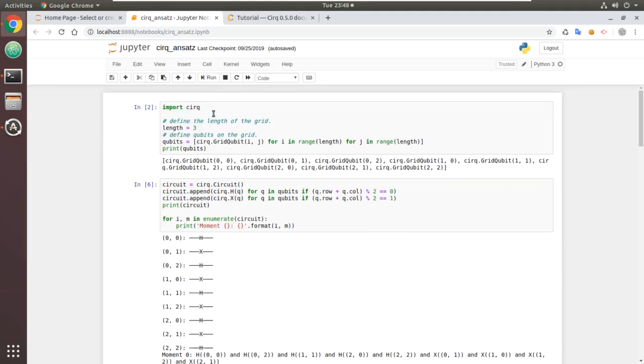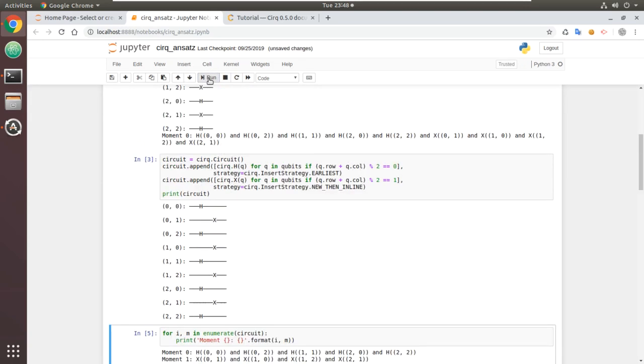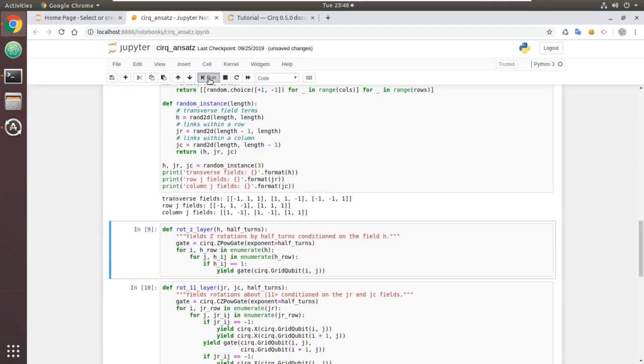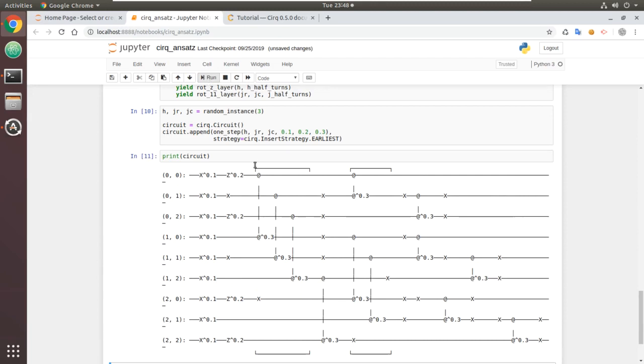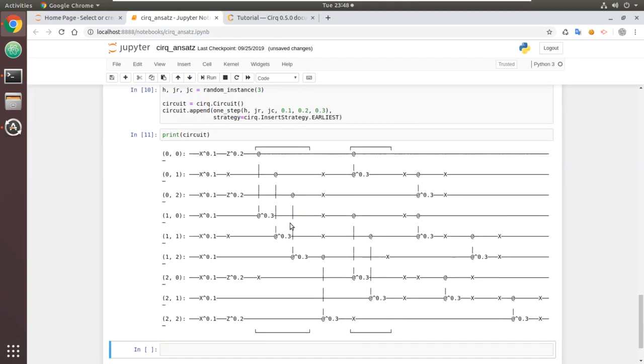Is there a way to run everything? Run, run, run. So you've got the circuit now here.